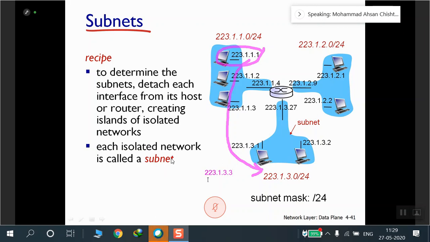That's why we say the IP address changes once you move from one network to another.